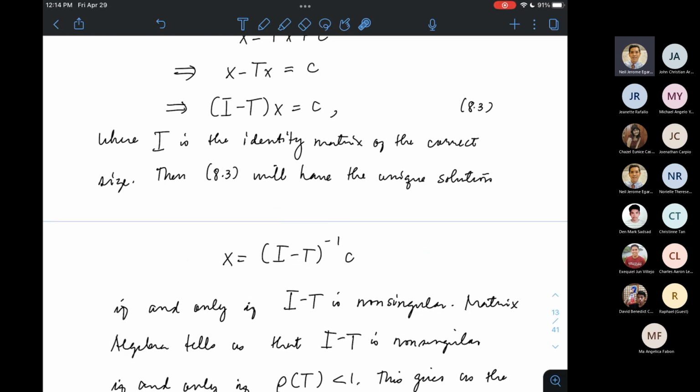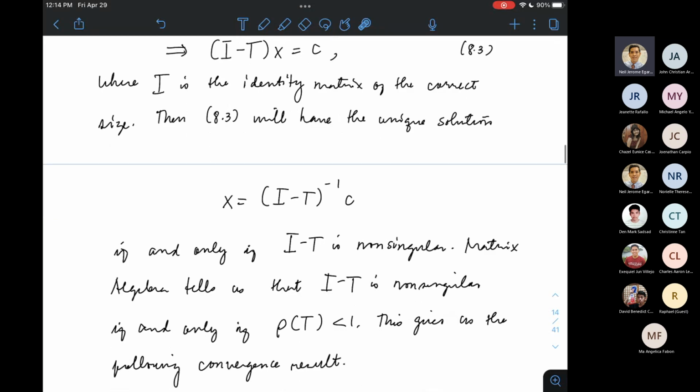So ito yung titingnan natin. Kasi bago ka makapag-guarantee ng convergence, kailangan may solution muna yung fixed point iteration. So now, our idea here is that dapat magkaroon ng solution yung fixed point iteration, and the necessary and sufficient condition for that to occur is the non-singularity ng I minus T.